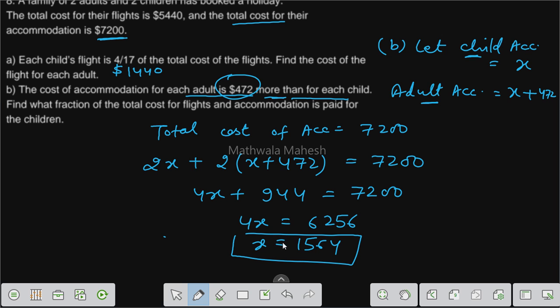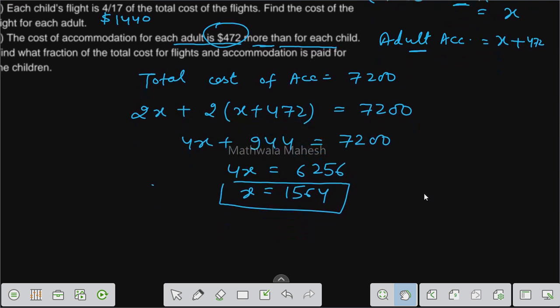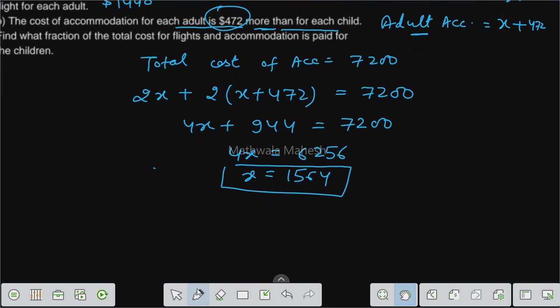Okay, so for each child the accommodation is this one.